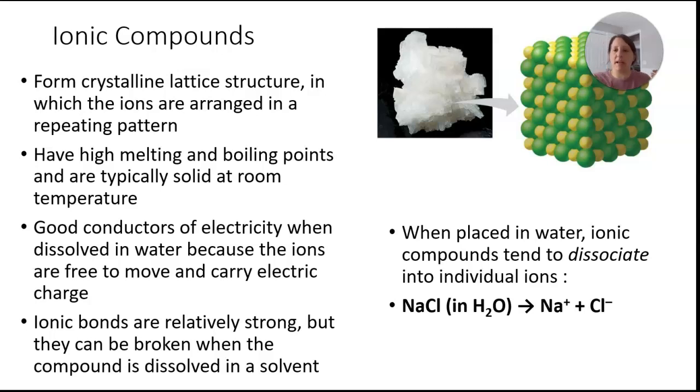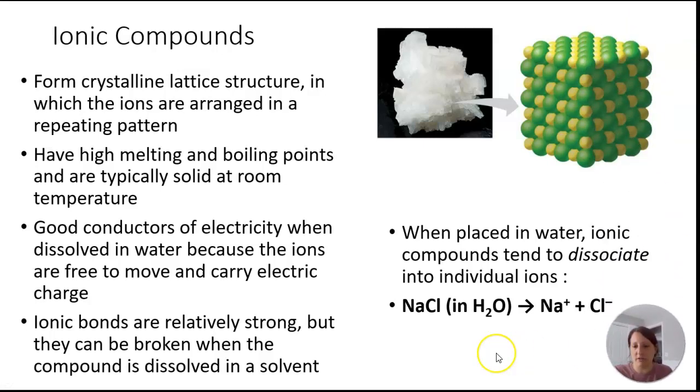Okay, so these are many ions attracted to each other. So you've got lots of ionic bonding happening here. And so if you look here, this is salt, common table salt. It's a crystal here. So they tend to form crystalline lattice type structures in which the ions are arranged in a repeating unit. And so you can see that here.